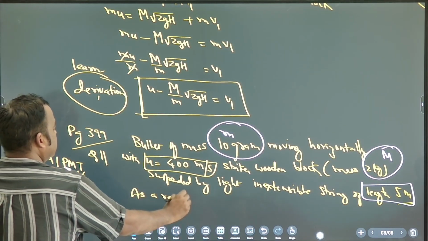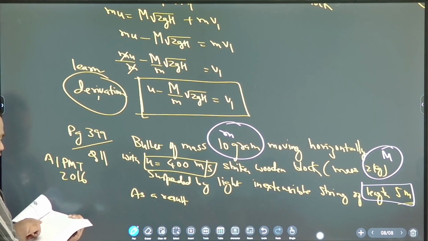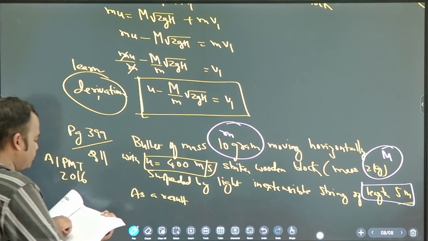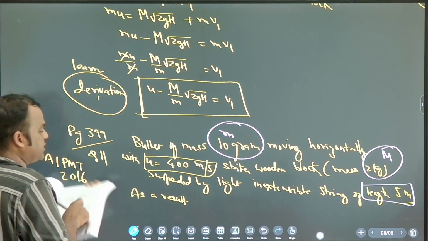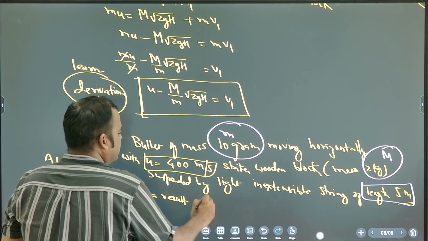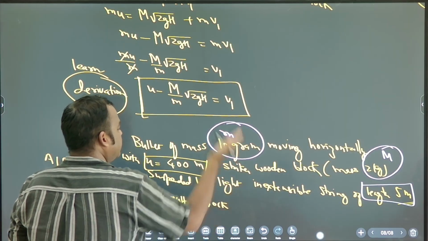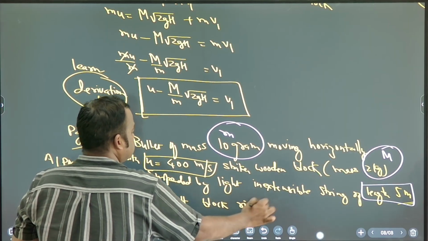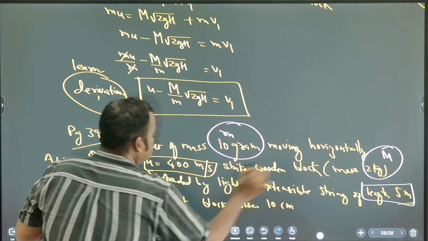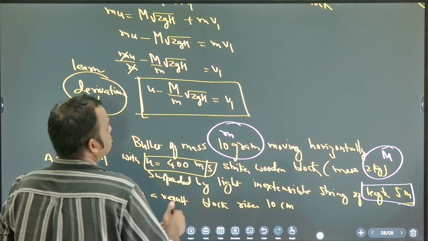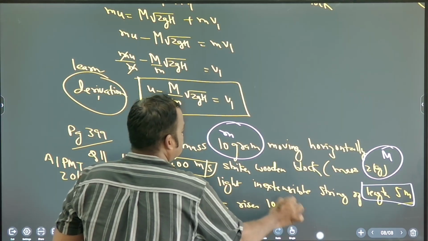As a result, the center of gravity of the block is found to rise a vertical distance of 10 centimeter. So basically the block is rising by what height? The block rises 10 centimeter. So h is given.